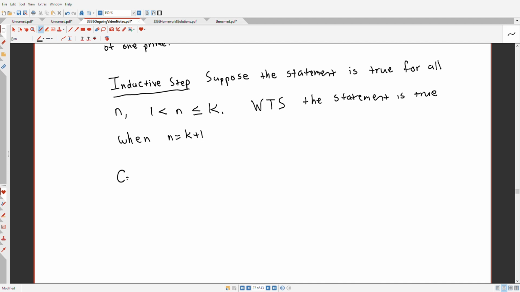Case 1: n is already prime. Well, in this case, like our base case, n is the product of one prime number.